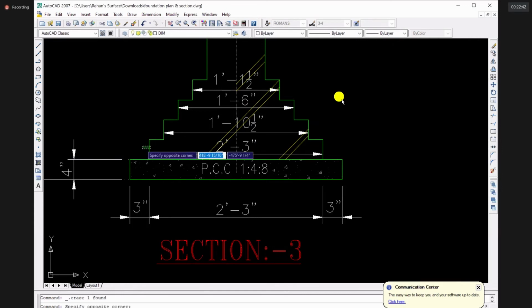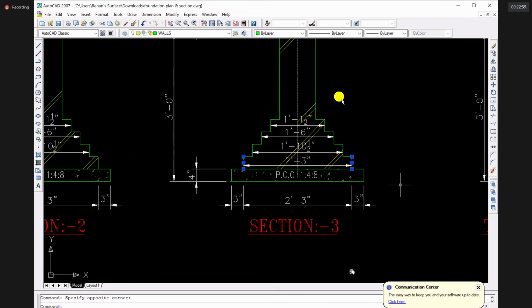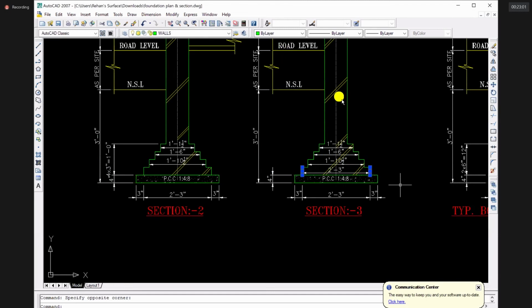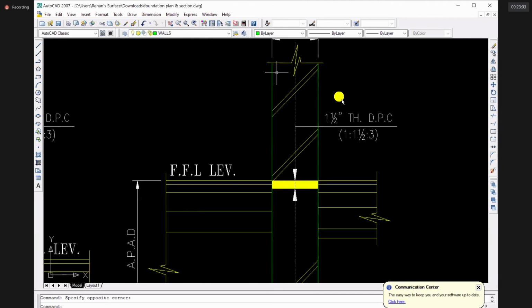It is basically this line and this line, right? So what are these? This is the width of foundation, right? So telling you from this section, first of all, these two lines you have picked from the architectural plan.